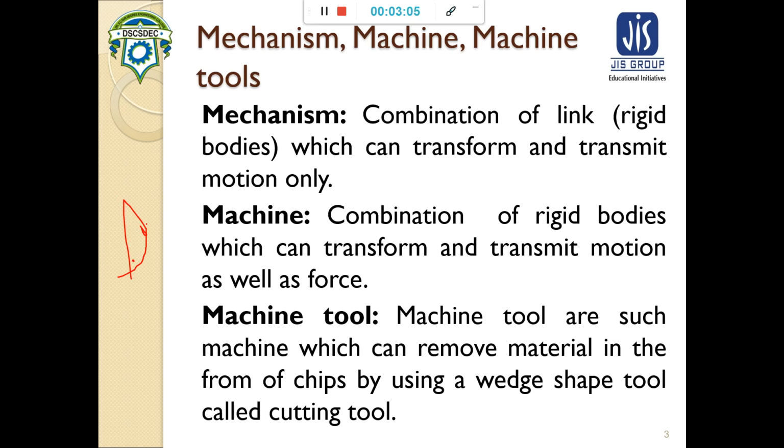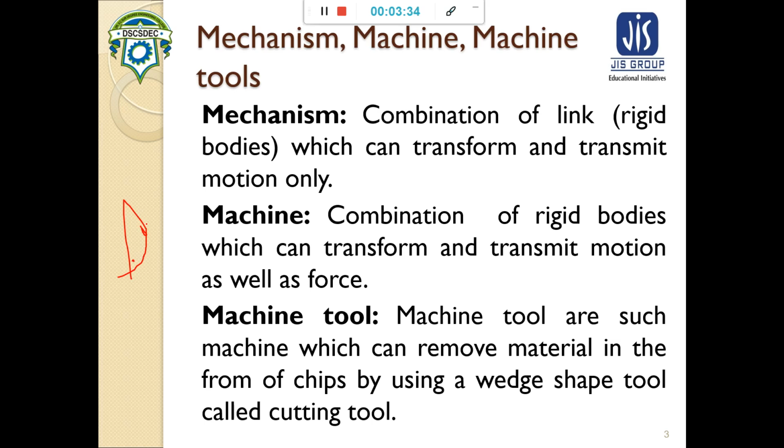When a number of rigid bodies are joined together for a specific purpose, that is called link. And the combination of links which can transform and transmit motion only, that is called mechanism. So one example of mechanism, you have seen, I guess, you are doing engineering drawing.